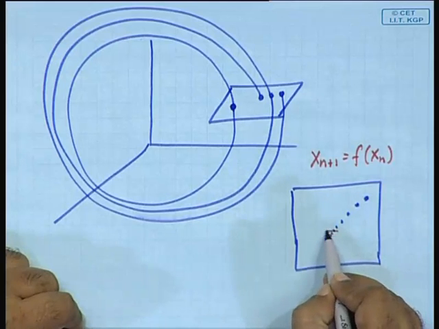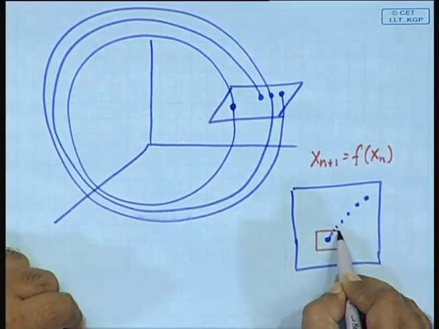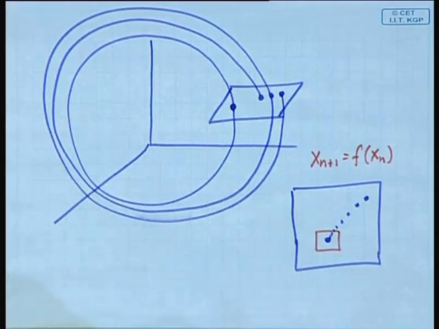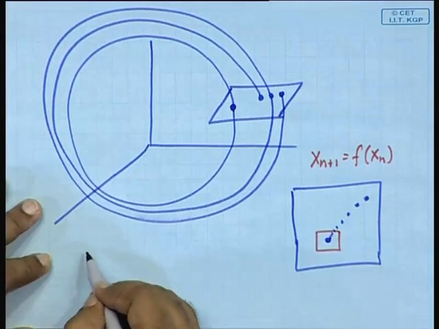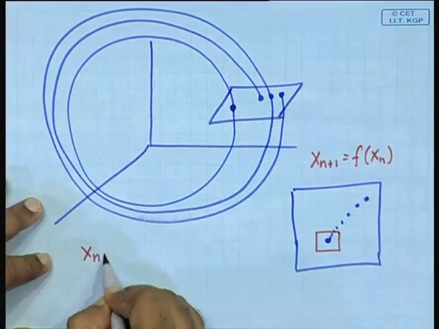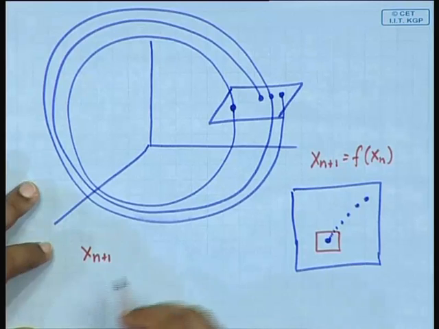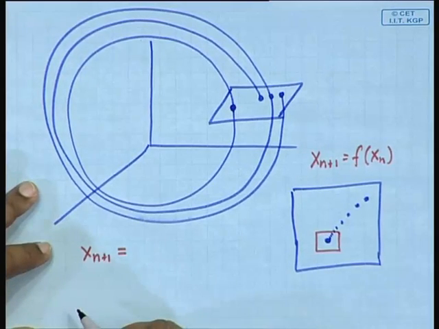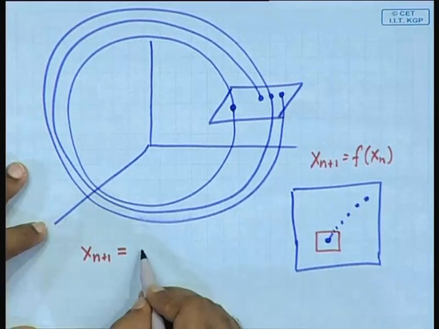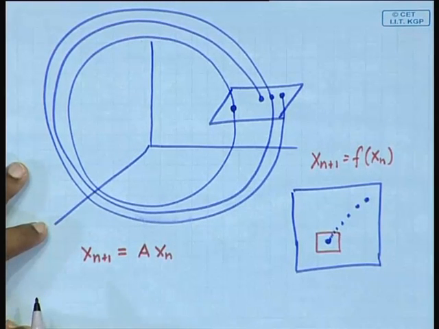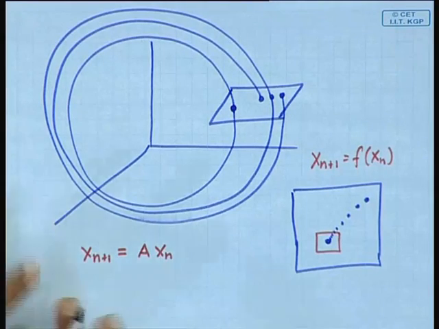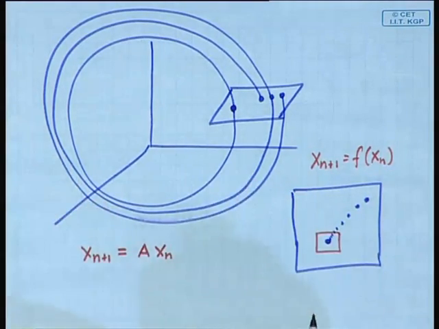If you can locally linearize that, then around that you get a local linear representation like so: x n plus 1 is equal to some matrix times x n, right. We are proceeding exactly the same way.